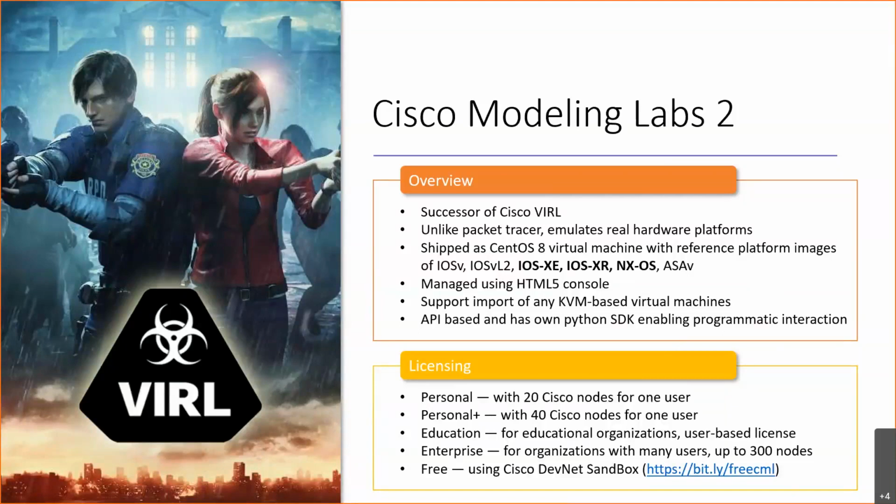On the slide, you can see some reference platforms selected in bold. These are the platforms which have support for YANG models and streaming telemetry. The old versions of IOS and ASA don't support the YANG models, and respectively the streaming telemetry as well.